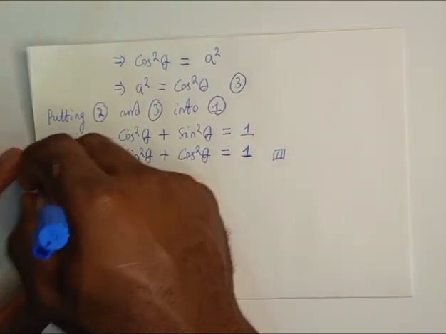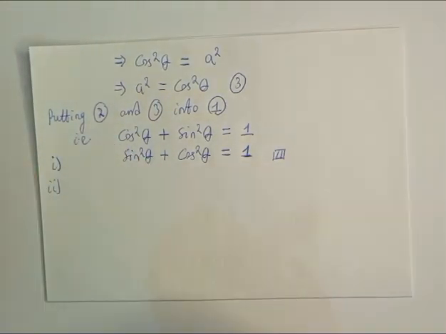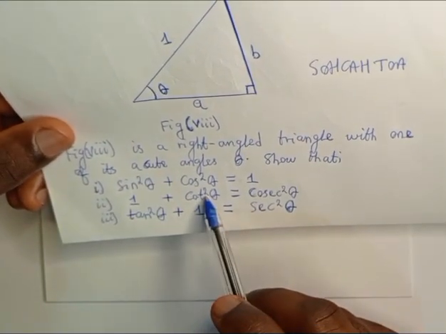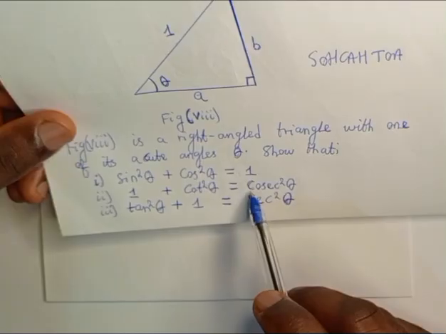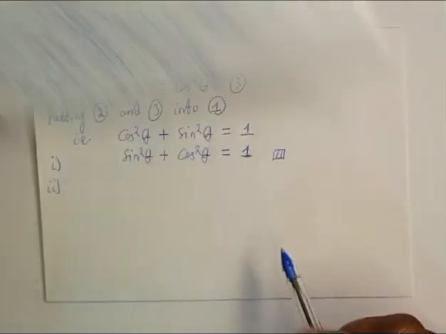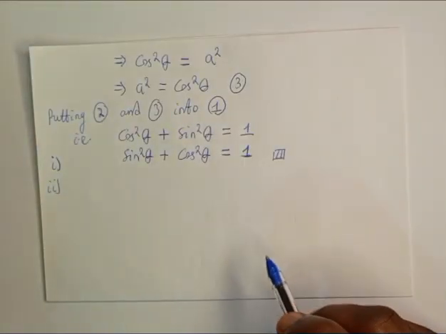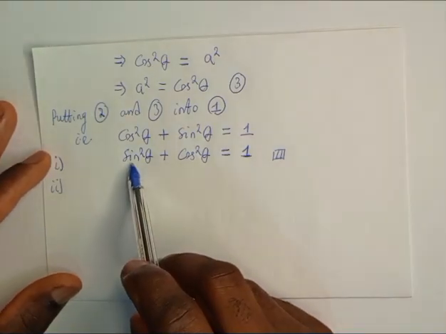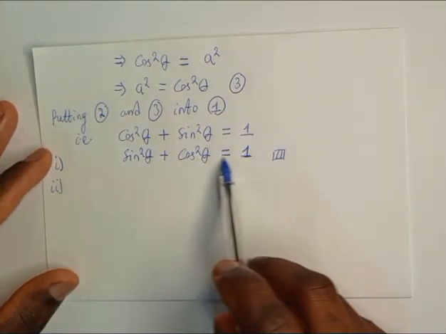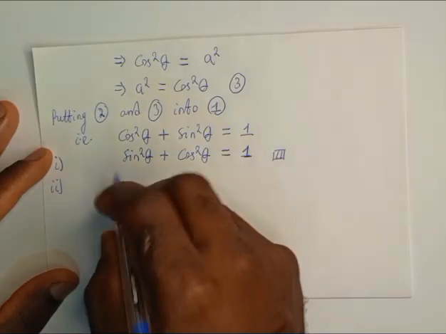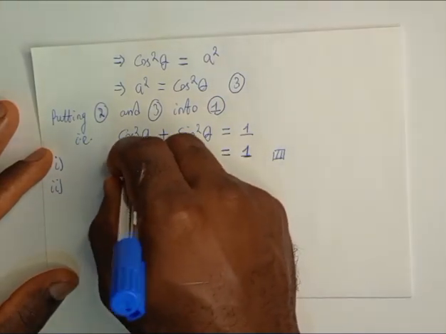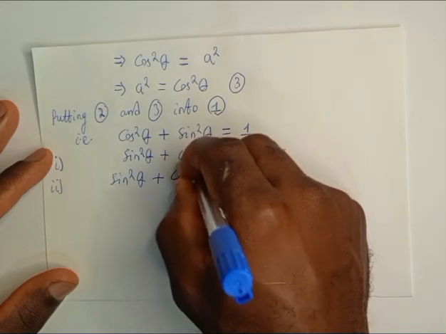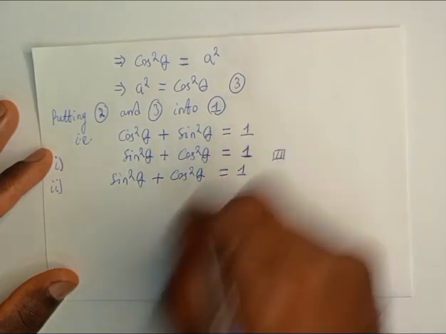Move now to 2(i). For 2(i), we have to show that 1 plus cot²θ is equal to cosec²θ. For us to perform this, we are going to make good use of this identity: sin²θ plus cos²θ is equal to 1.